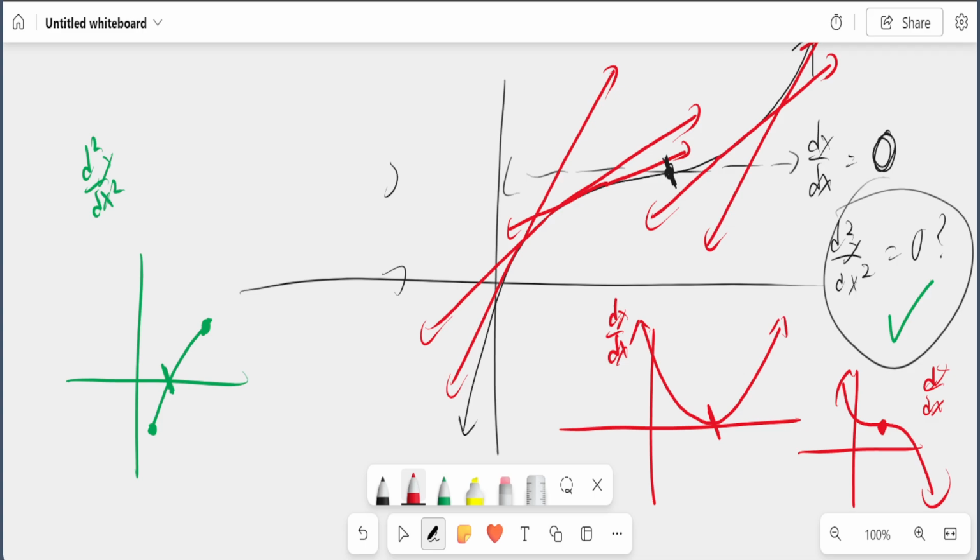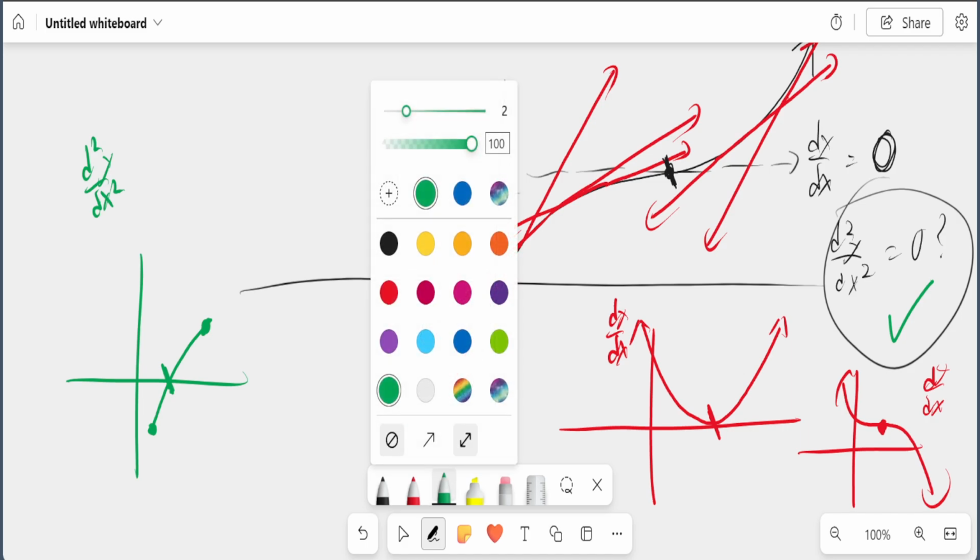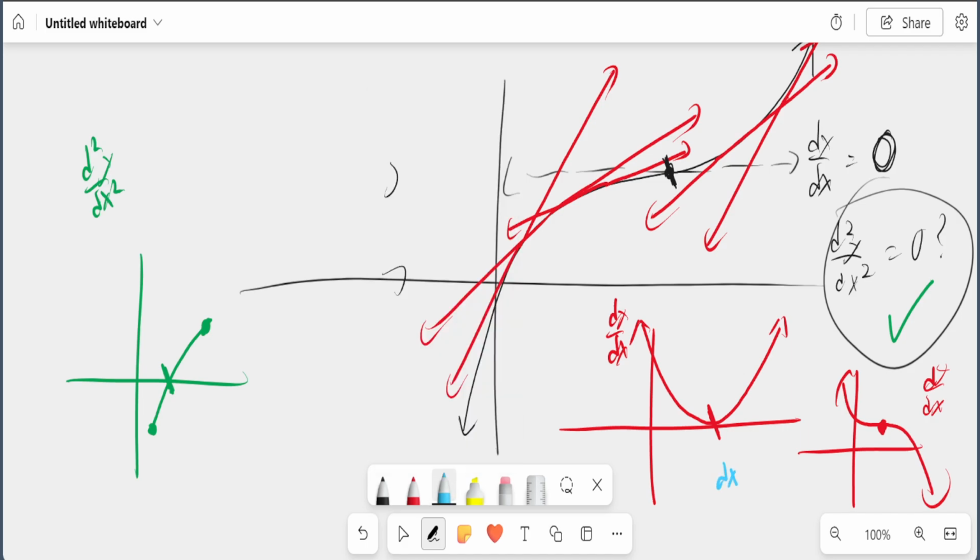I guess if you want to talk about triple derivatives, that would be a point of inflection for your triple derivative, which is not really useful. But for our double derivative, right? It didn't go from decreasing to our, how do I explain this?